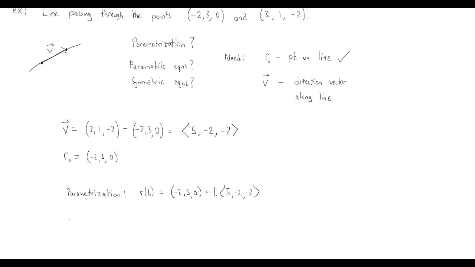To get the parametric equations, so remember the parametric equations you can basically get by reading off the x, y, and z components of the parameterization. So the x component is negative 2 plus 5t.